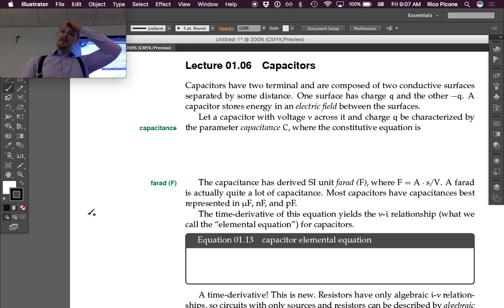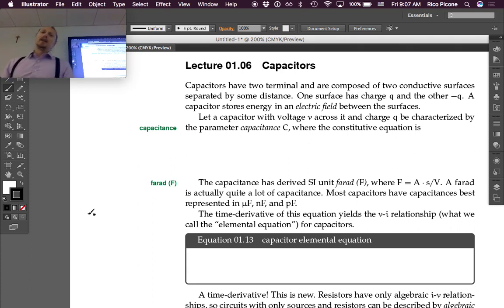So capacitors have 2 terminals and are composed of 2 conductive surfaces separated by some distance. One surface has charge Q and the other minus Q. A capacitor stores energy in an electric field between the surfaces. A lot of times it's introduced as being 2 plates, and that is the circuit symbol that we use, like 2 plates that are in parallel.